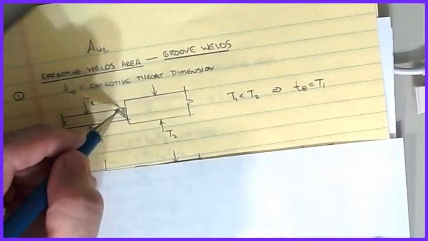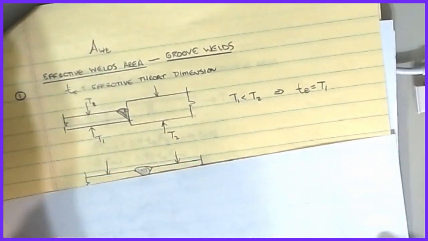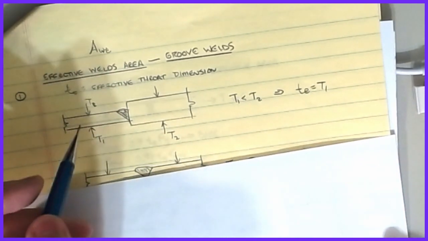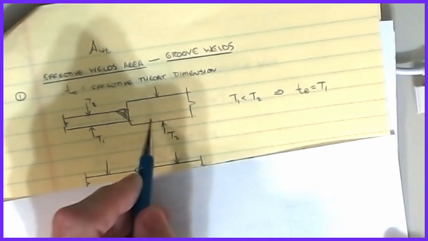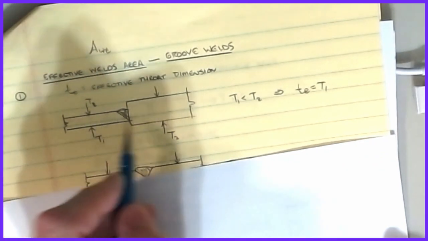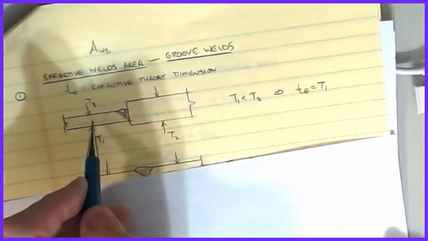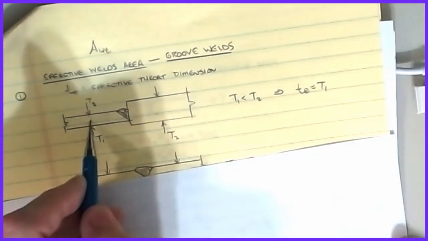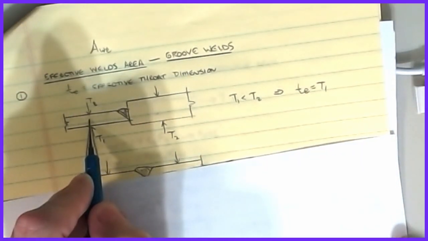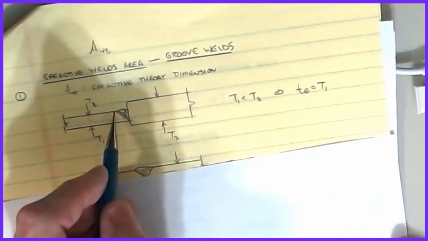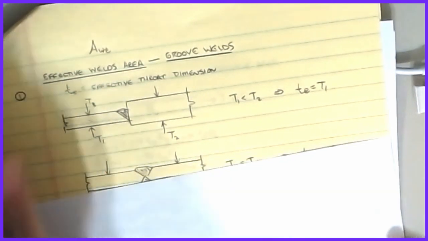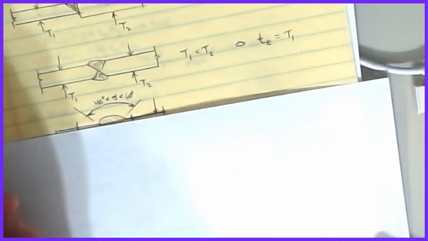Okay, and that has to do with the way that this weld will fail under load. Okay, so for groove welds, if I have two plates and one plate T1 is smaller than T2, in this case, the effective throat of a groove weld is equal to the smaller. And that should make sense, right? I can't have a weld that's T2 wide if I only have T1 in height. Okay, so that should be pretty effective.